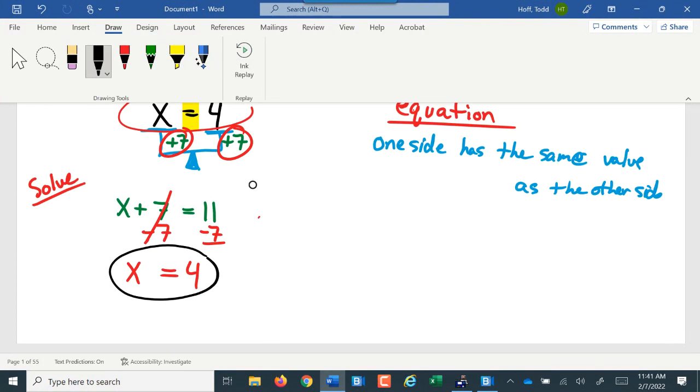Now the rules we talked about in the first week of addition, subtraction, multiplication, division still apply here. In this case, we were adding or subtracting. Notice we only did it to one piece, one digit on each side. We subtracted the 7 from the positive 7. We didn't touch the x because it didn't have the same name.